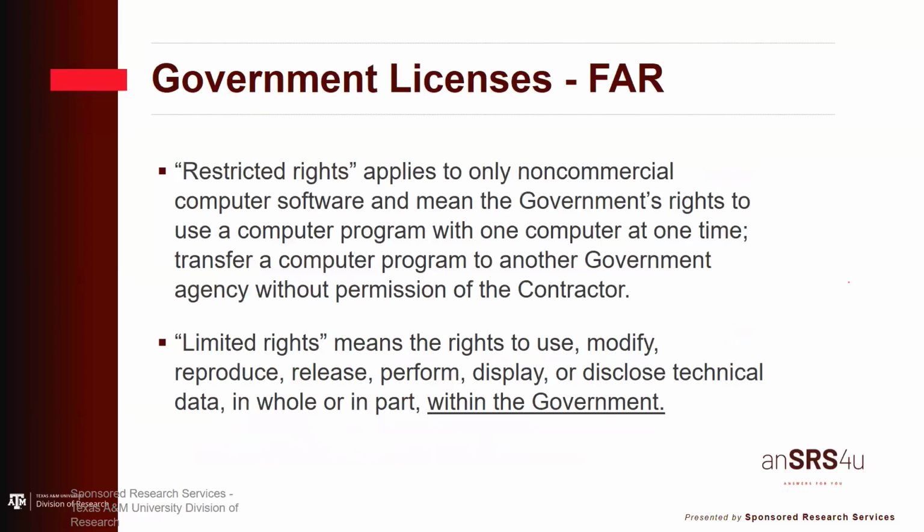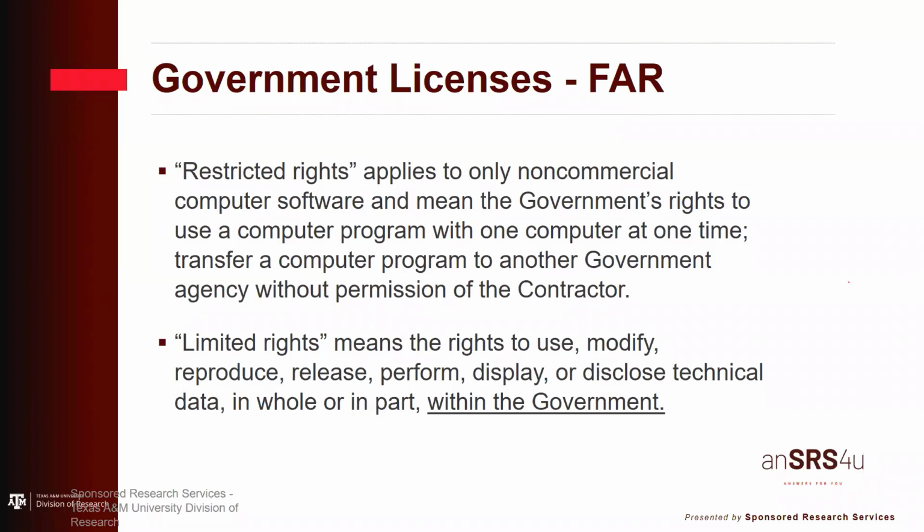The next level down is restricted rights, which is something that we would only apply to computer software. We're saying, okay, we're giving the government a right to use this, but they can only use it on one computer at a time. They can't use it government-wide, and they can't transfer it to another government agency. So it's narrowing the scope of how they can use this.